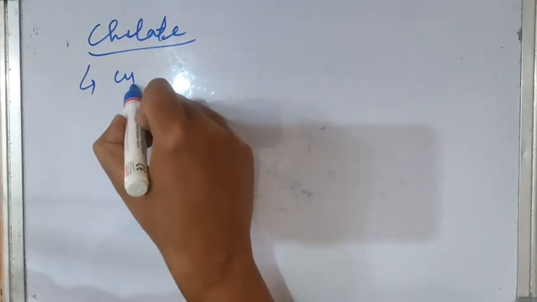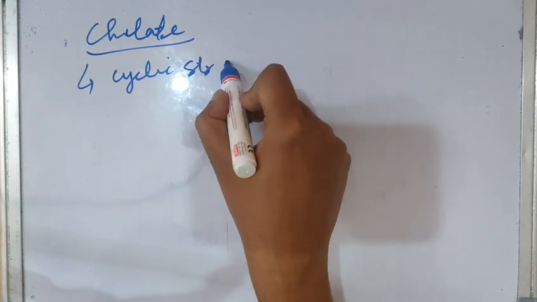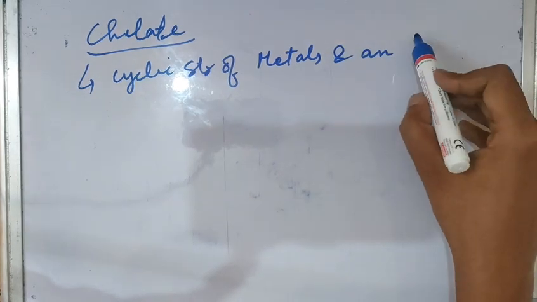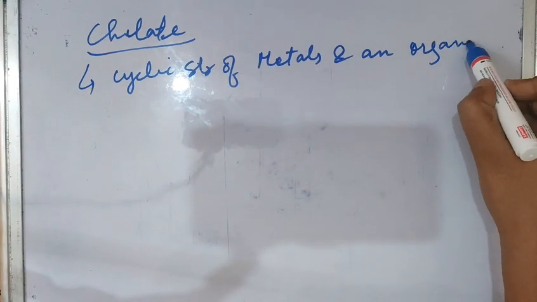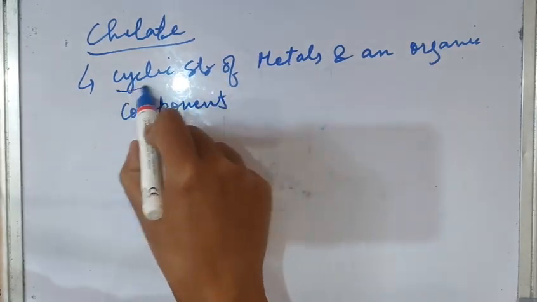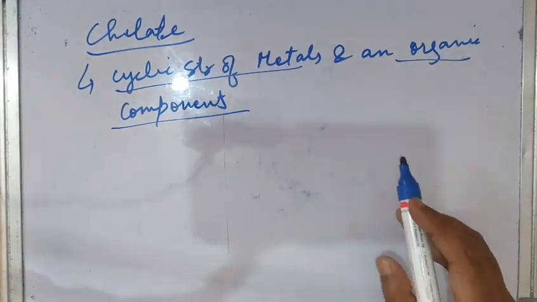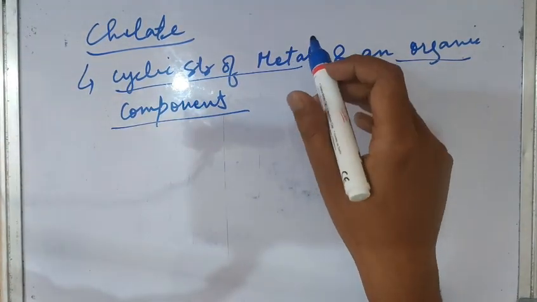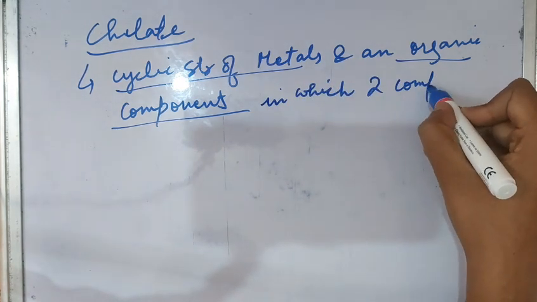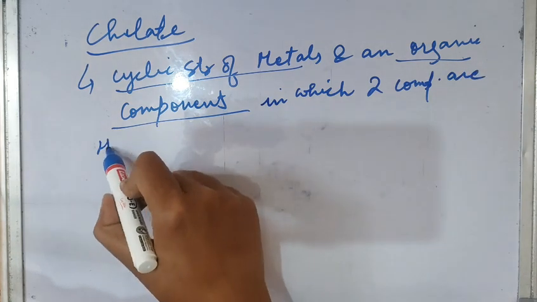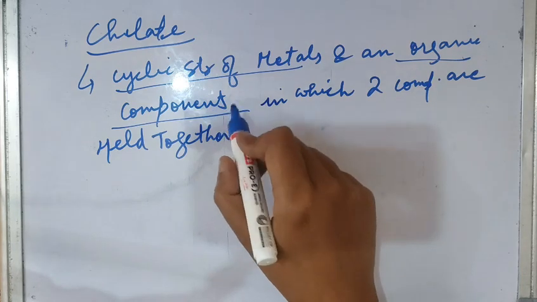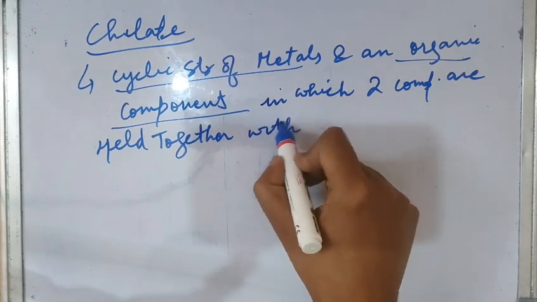Chelates are cyclic structures of metals and an organic component, in which the two components are held together with varying degrees of strength.